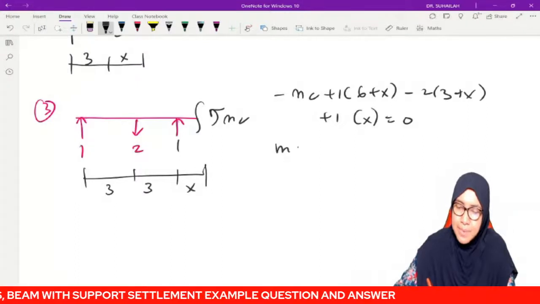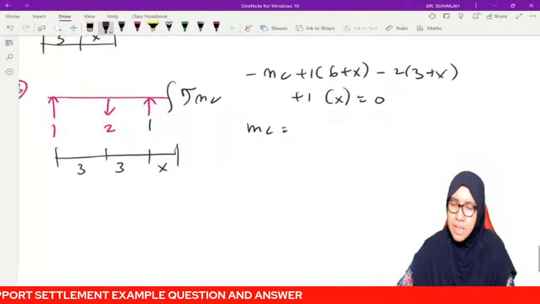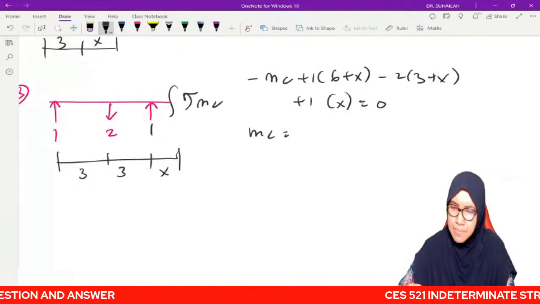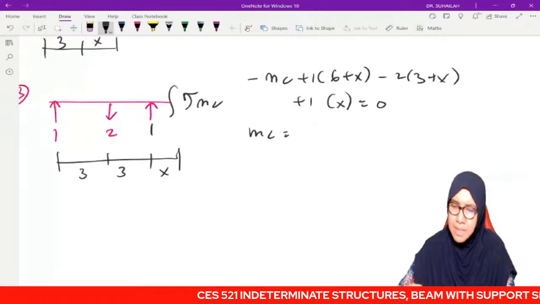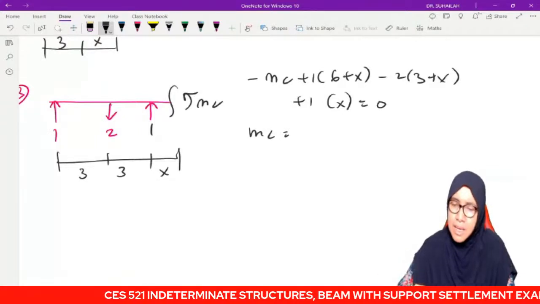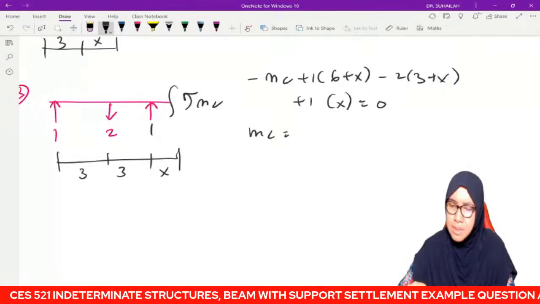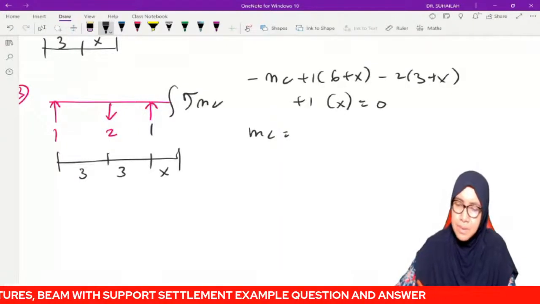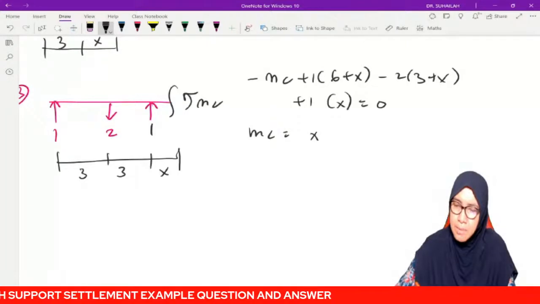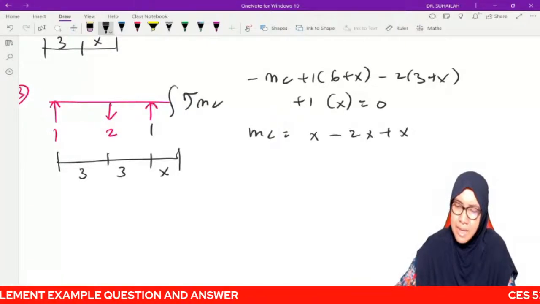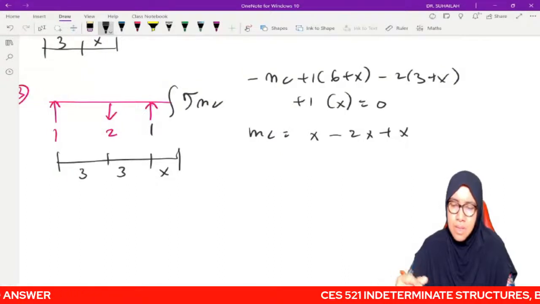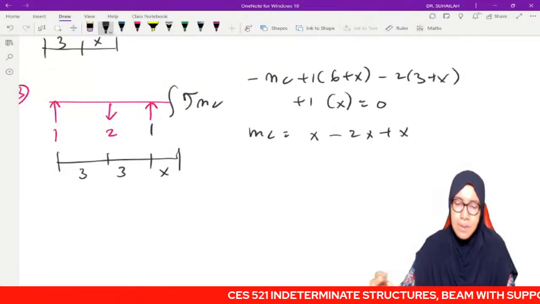So we get MC equal to, okay, it is 6 minus 6 plus 6 minus 6. And then X, it is X minus 2X plus X. So what we get?